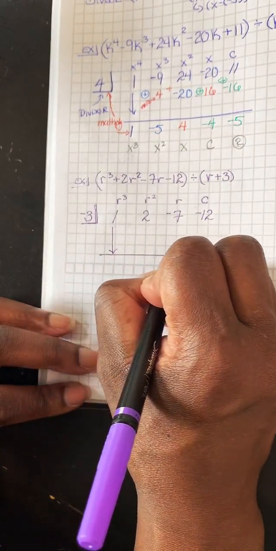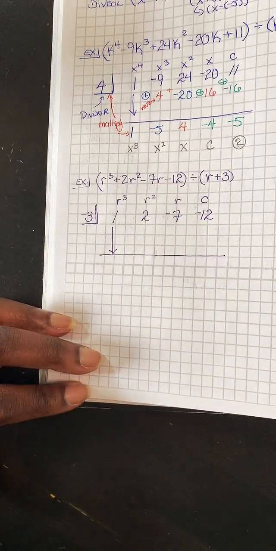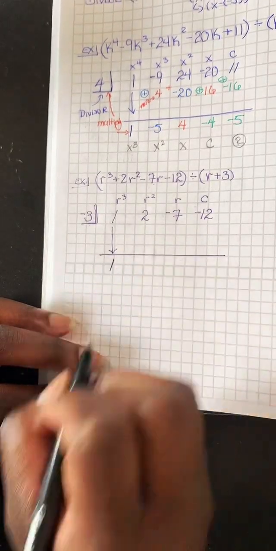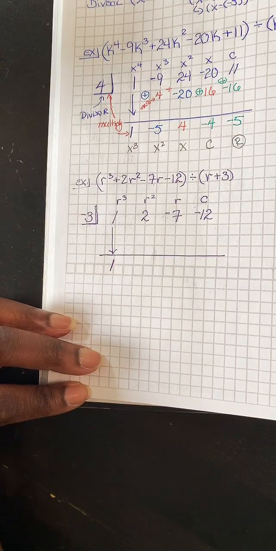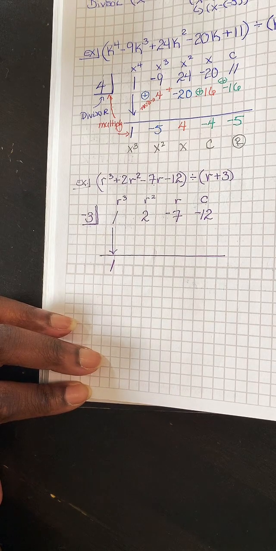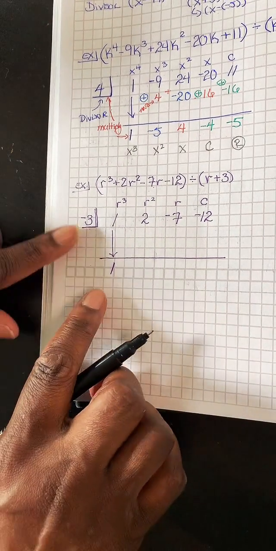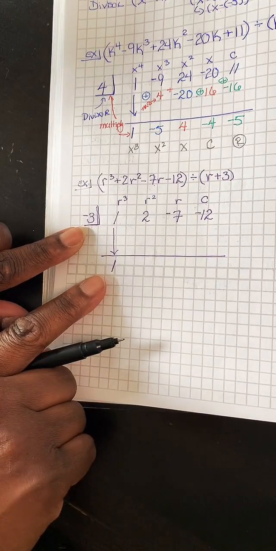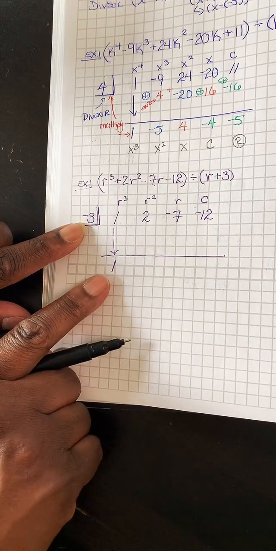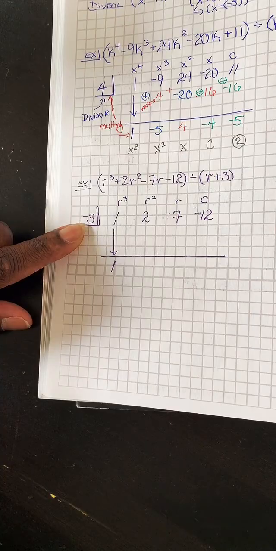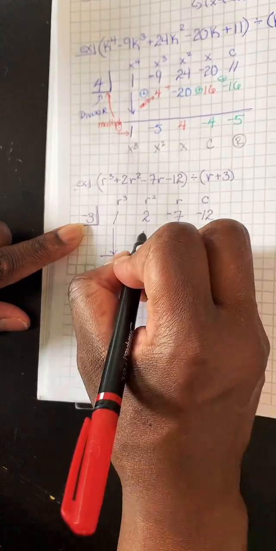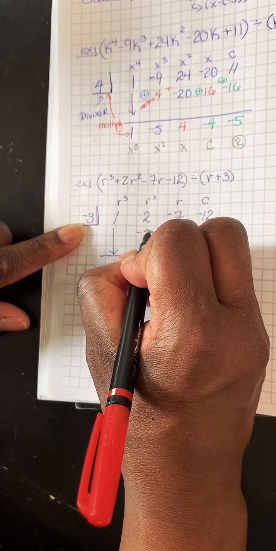Don't ask me why it's so much space, but here we are. So this first term always comes down. All right, so we're going to work it slightly step by step. So now we multiply these two. So negative 3 times 1 gives me a negative 3. And we put the answer underneath the next term.